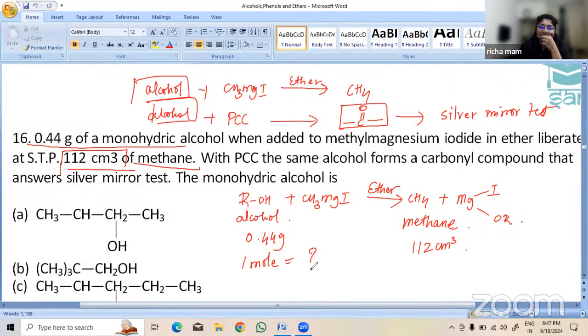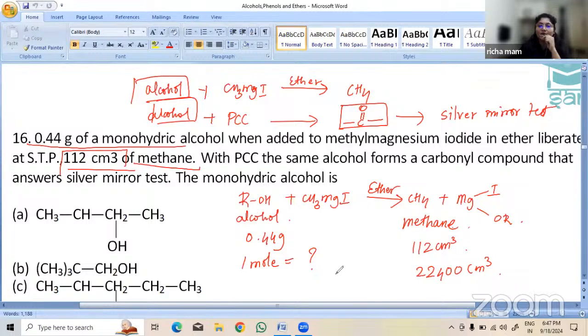At STP, the standard volume is 22,400 centimeter cube. For 0.44 grams, it is giving you 112 centimeter cube. So how much is 1 mole? For 1 mole, it should give 22,400 centimeter cube at STP.